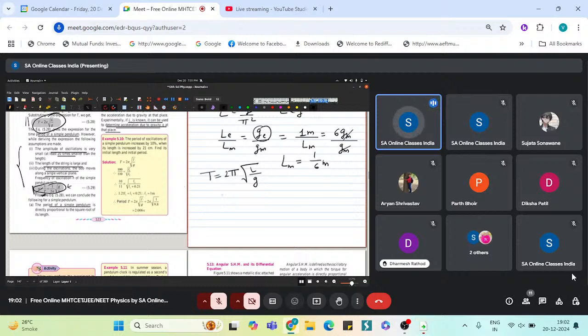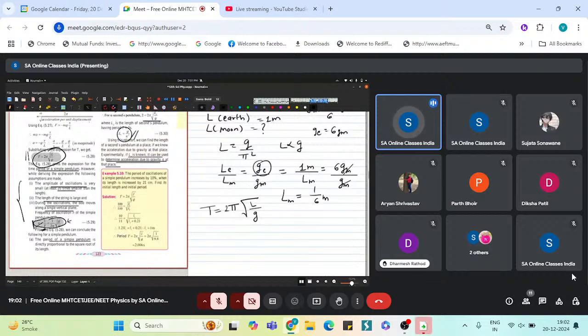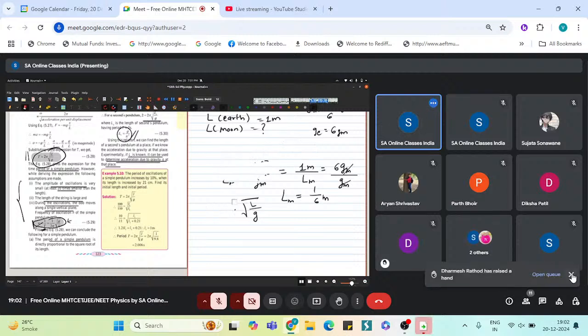So before we move to questions, I will quickly say two or three things here first. The first thing is about how to find the energies in the simple pendulum, because there were also many questions based on finding energies in simple pendulum motion.